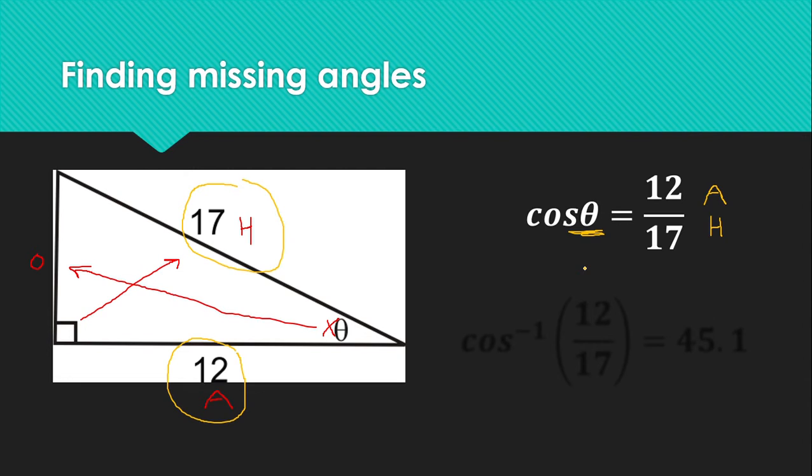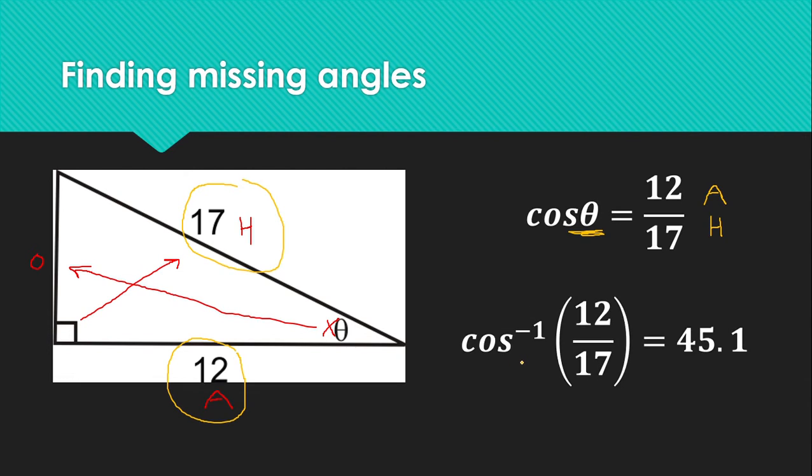So you're going to hit second cosine to get to that, and you're going to type in inverse cosine of 12 over 17. And that is going to give you the angle. This should have a degrees on it. 45.1 degrees. So when you're finding missing angles, you're going to use an inverse trig function. If you're finding missing sides, then your x will be one of these numbers over here.